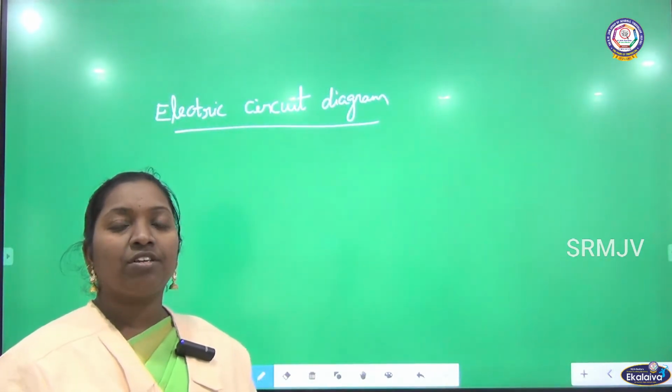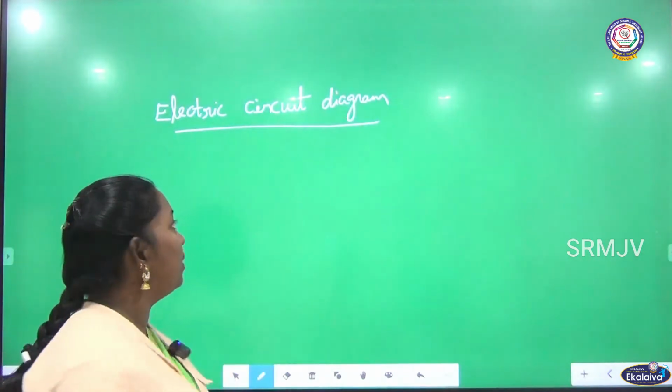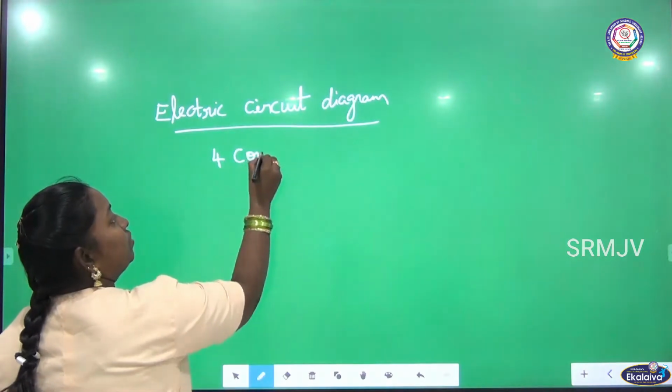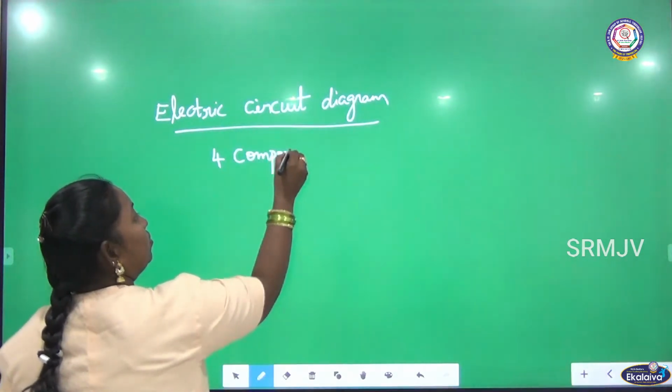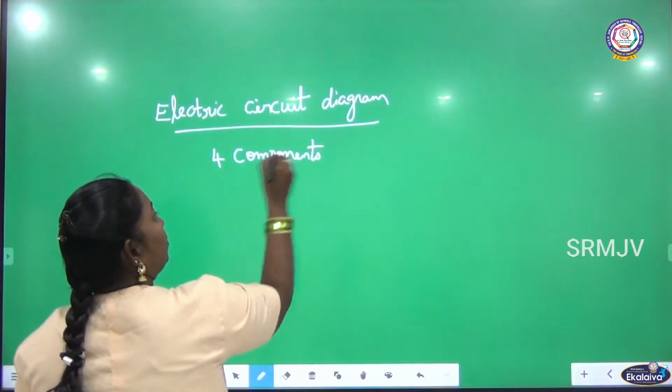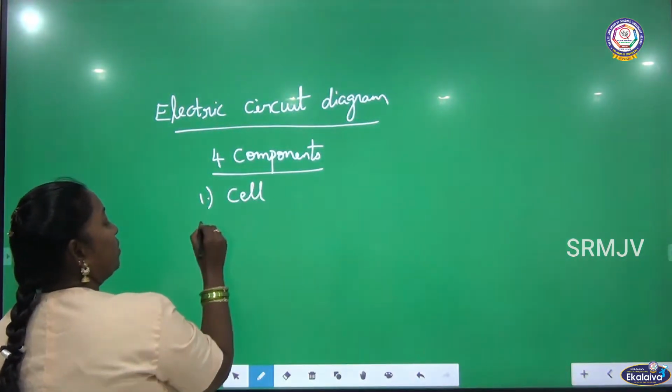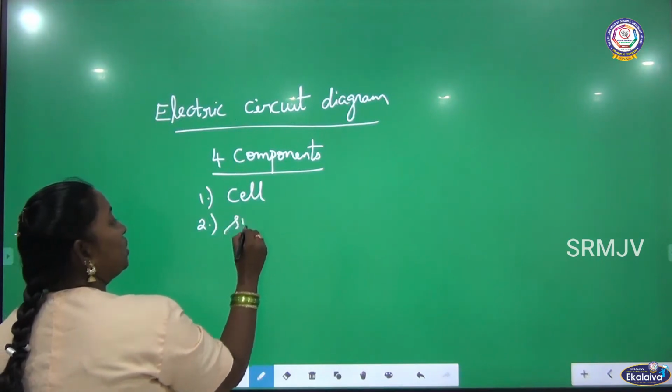To make this electrical circuit diagram, we need four main components. Four components of the electrical circuit. One is cell. Number 2, switch.